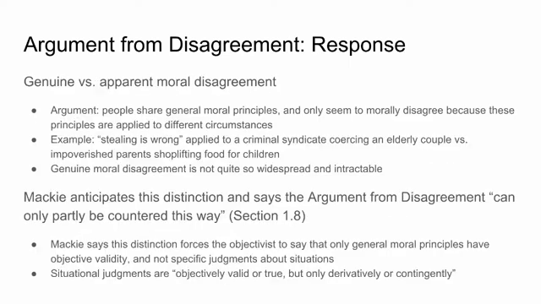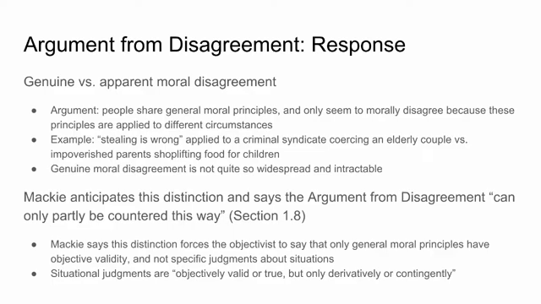So let's start with the first distinction, genuine versus apparent moral disagreement. The argument here is that people share general moral principles and only wind up seeming to disagree morally because these principles are applied to radically different circumstances. And Mackie does consider this. But basically the example here is, say the general moral principle that we all might adhere to, stealing is wrong.